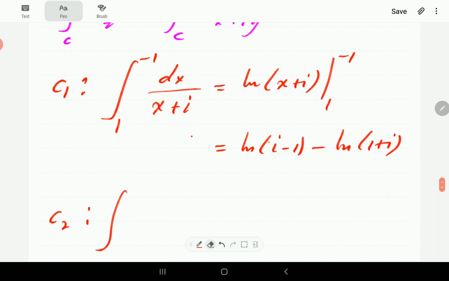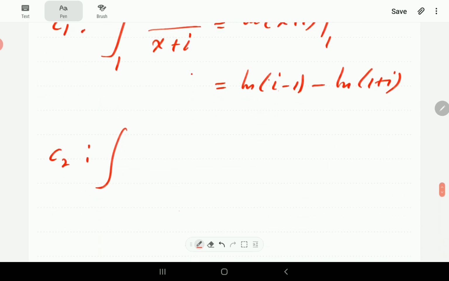We're just going to have i dy. So i dy, x is negative 1, we're going to have iy minus 1, and then y is going from 1 to negative 1.